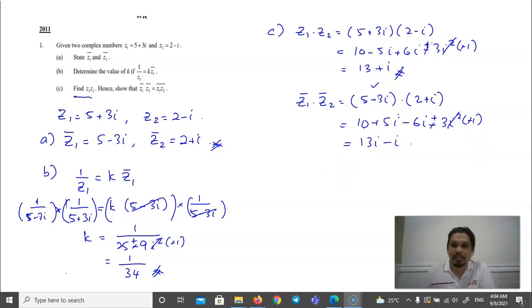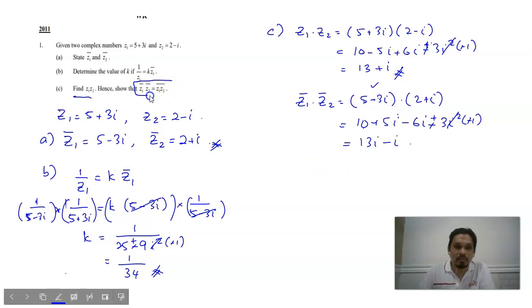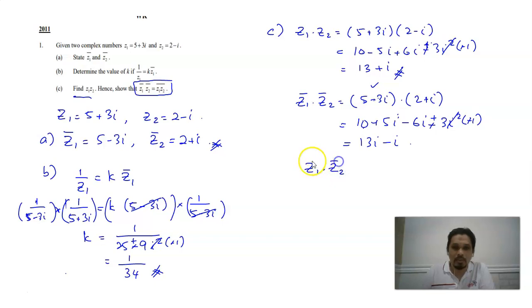Now back to the question here. Z1 bar multiplied with Z2 bar equal to 13 minus i. This is Z1 multiplied with Z2 bar.